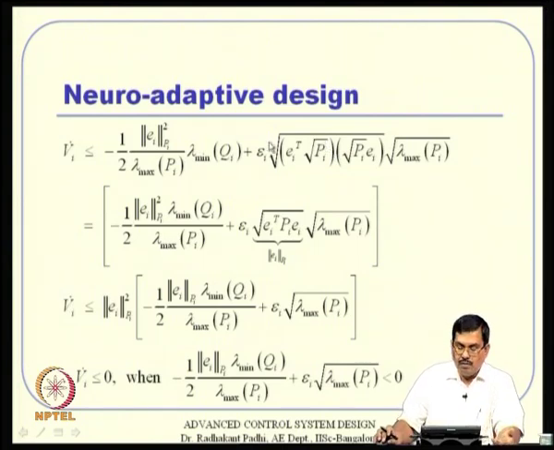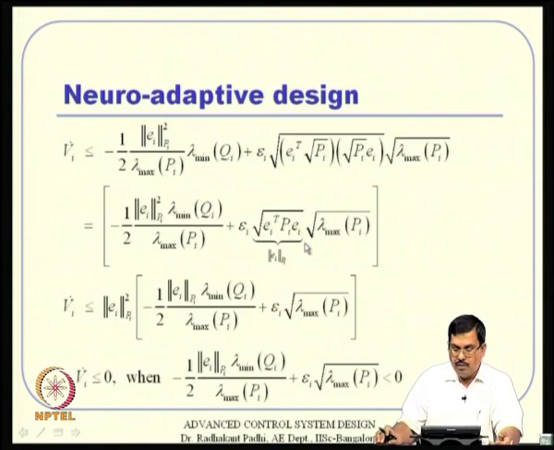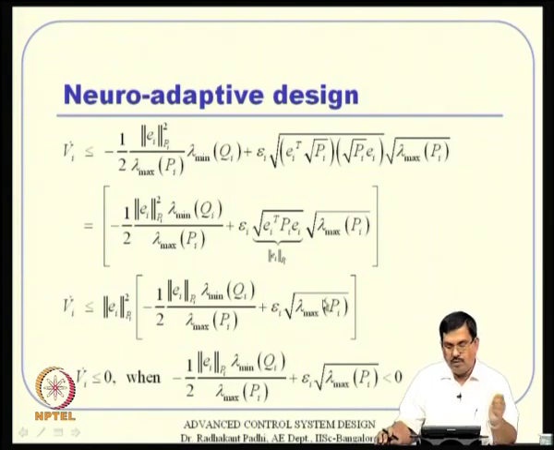You do it one term at a time and try to understand one equation at a time, it will not be that difficult. All that is going on here is the Rayleigh inequality applied here in the negative sense, and it is applied here in the positive sense. So, both the times it is applied, and then the square root is split out, and then you do the algebra here. Ultimately it turns out Vi dot is less than or equal to a certain quantity like that.